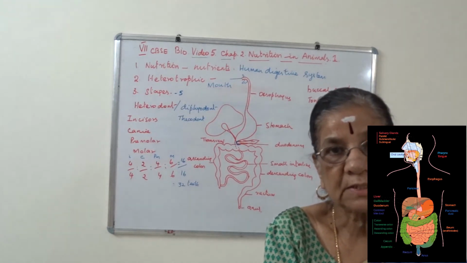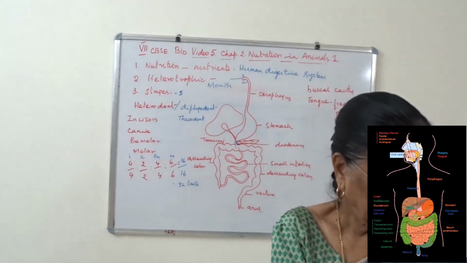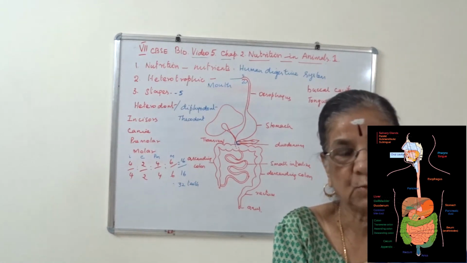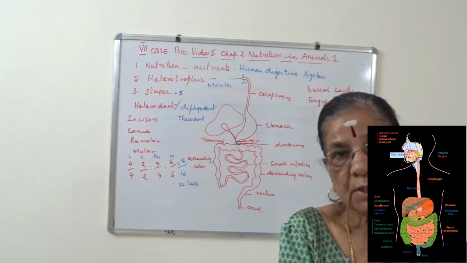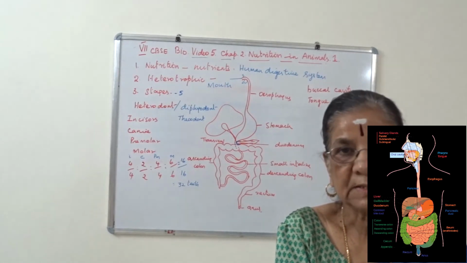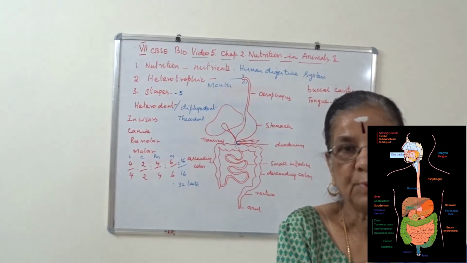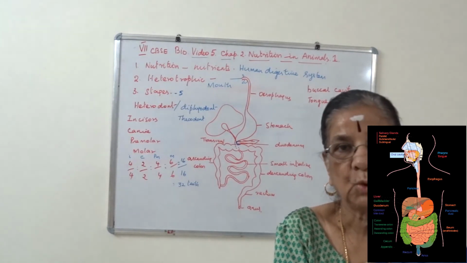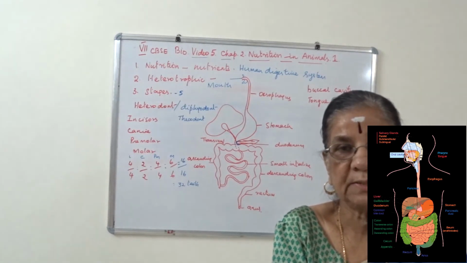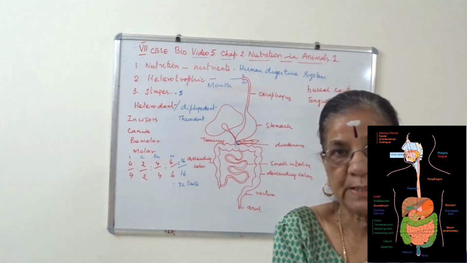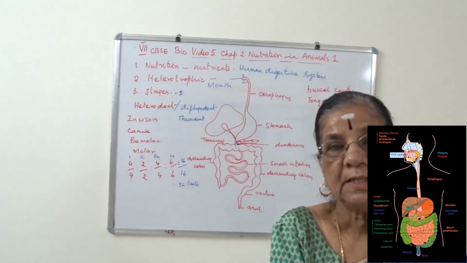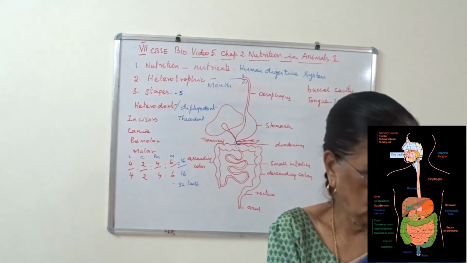We have 4 kinds. What are they? They are incisors, canine, premolars and molars. Can I repeat? Incisors, canine, premolars and molars.